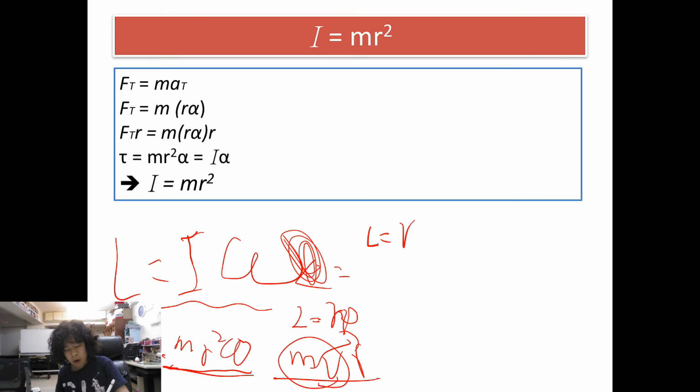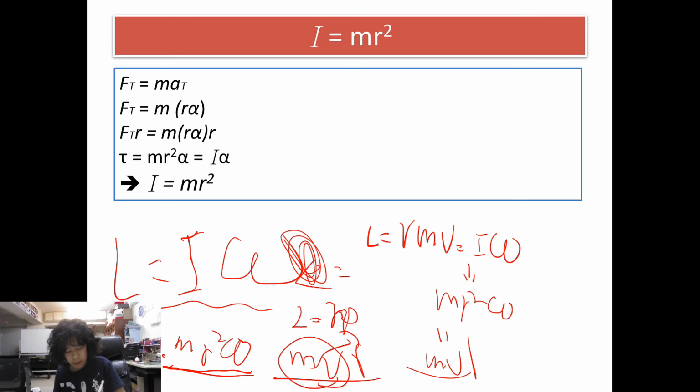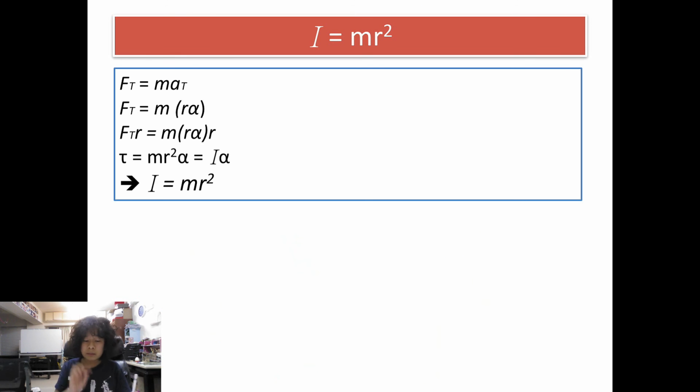Actually, L equals r m v. So which is equal to I omega, because this is equal to m r squared times omega. So this is equal to m v r. Okay? And I'm done.